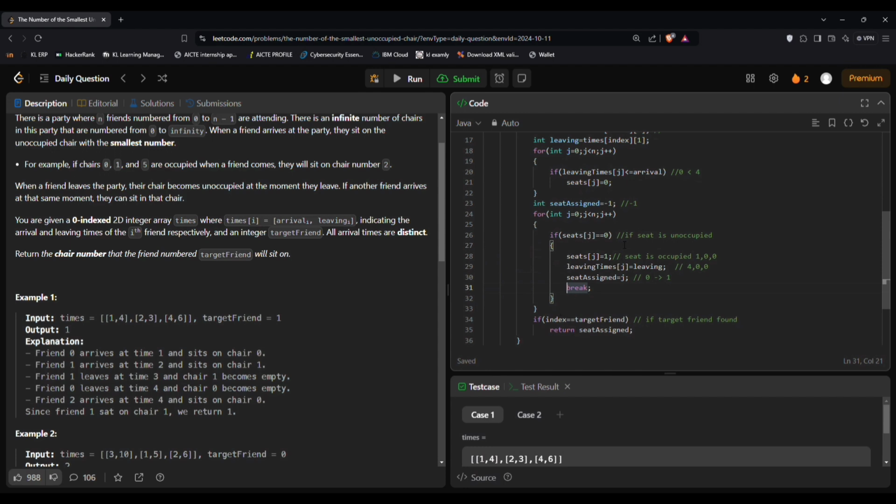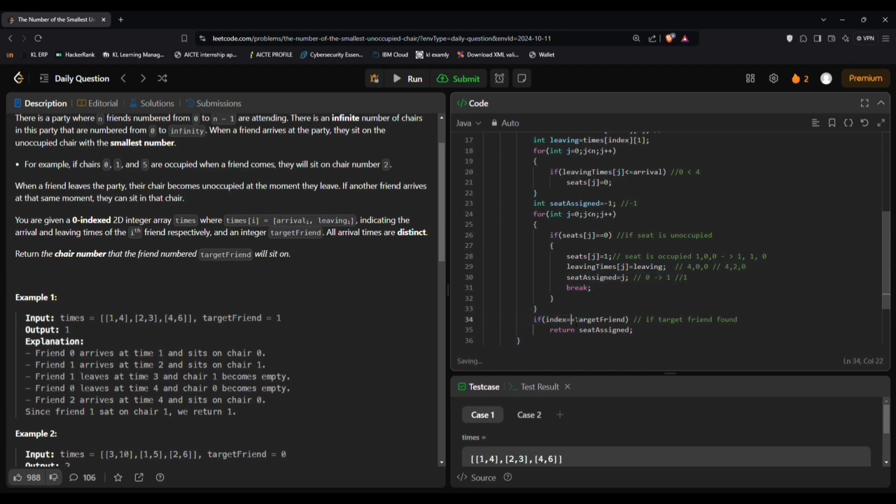If it is not filled, then for the next person, the second person, the seats will be updated to 1 1 0, that is 1, 1, 0, and the leaving time will be updated to 4, 2, 0, and the seat assigned to the second person is 1.